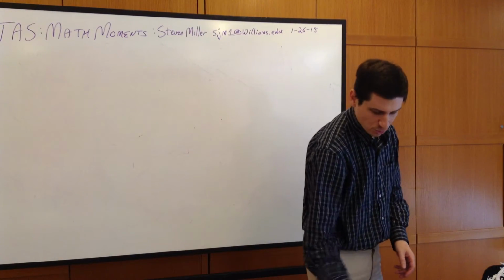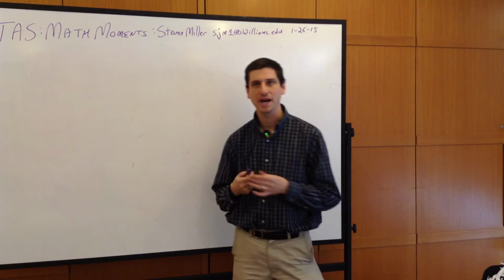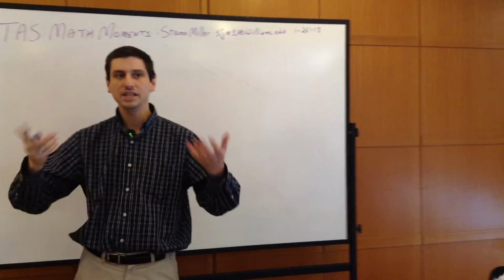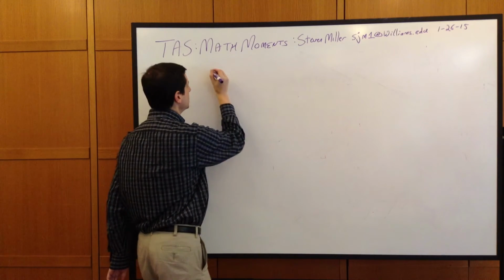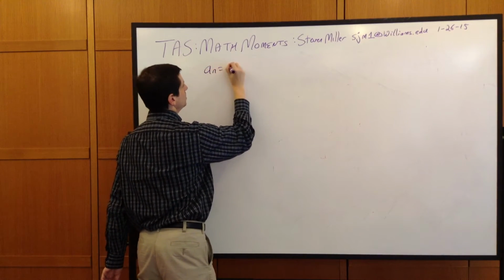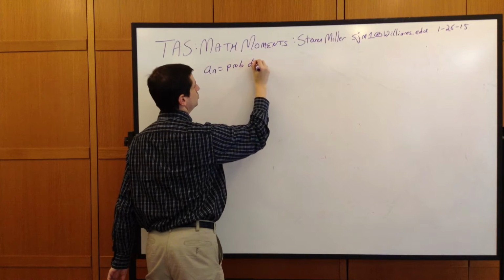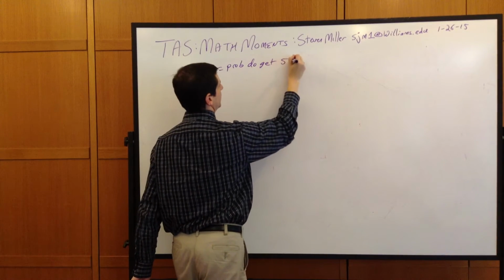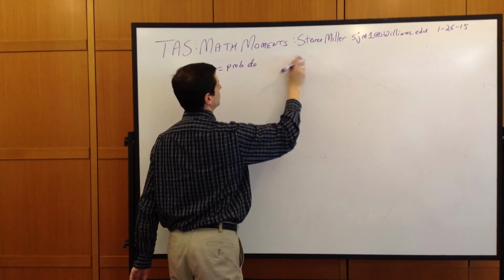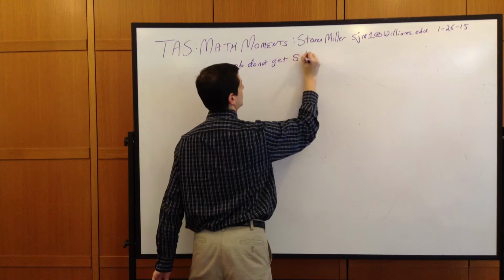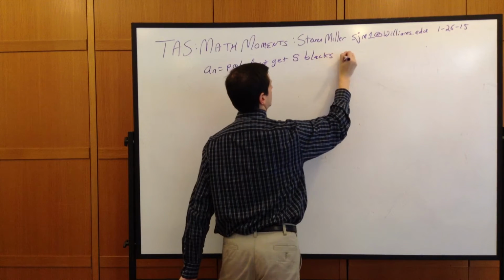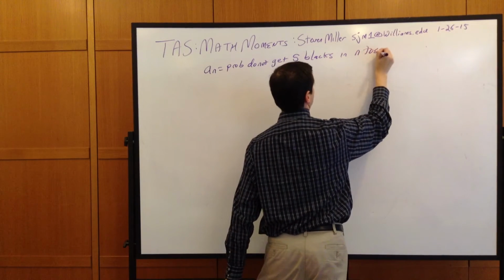So what I want to do now is show you how you can use Fibonacci math to solve this problem. And I have a really nice 6-minute video that goes through all the calculations in detail. So let's let A_n be the probability we do not get 5 blacks in n tosses or spins.